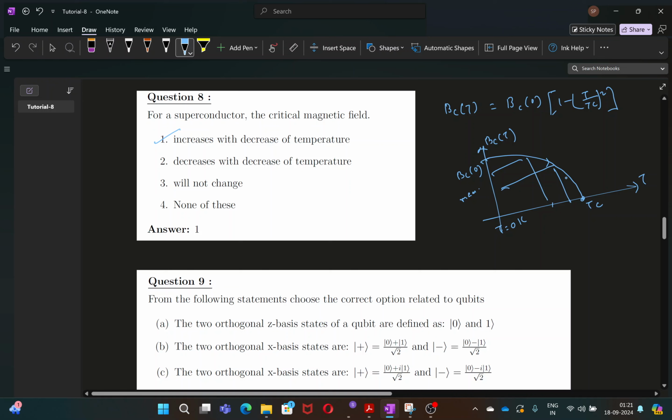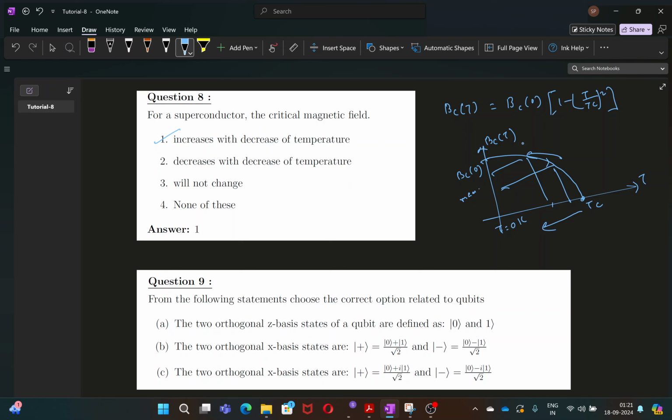So in other words, if you decrease the temperature, the critical field value actually increases, because if you go from Tc down to low temperature 0 Kelvin, you will go this way, and the critical field value will increase obviously. As you decrease the temperature, you are going much deeper inside the superconducting regime.